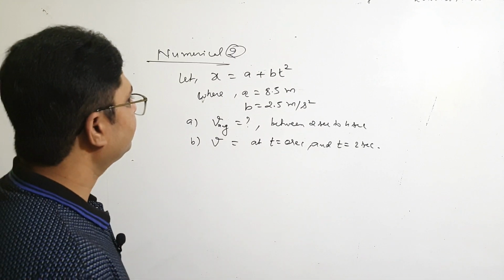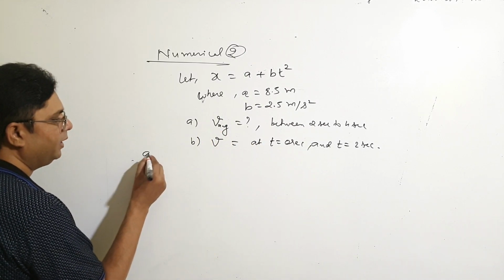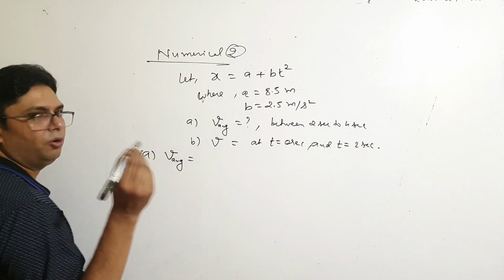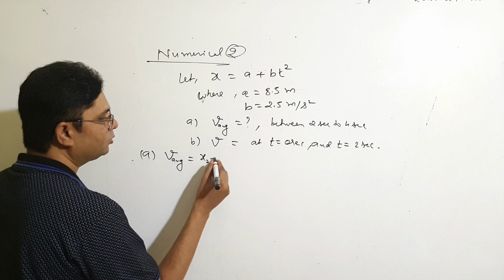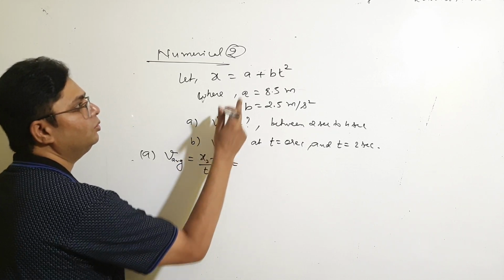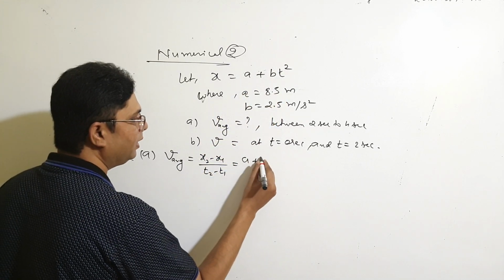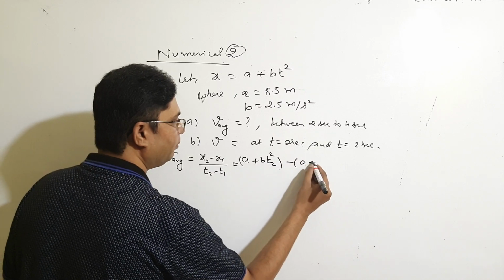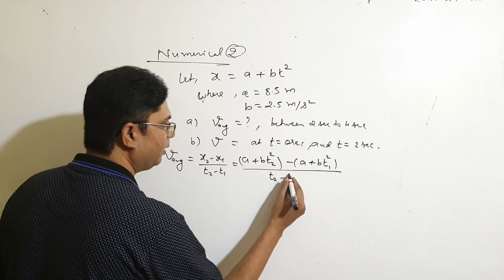So let's see. First we are finding the average. So part a, v average according to the formula is x2 minus x1 divided by t2 minus t1. Put the values: a plus bt2 square minus a plus bt1 square, divided by t2 minus t1.